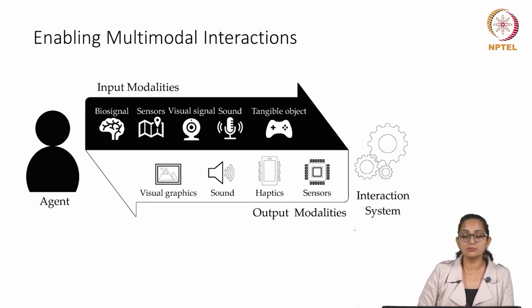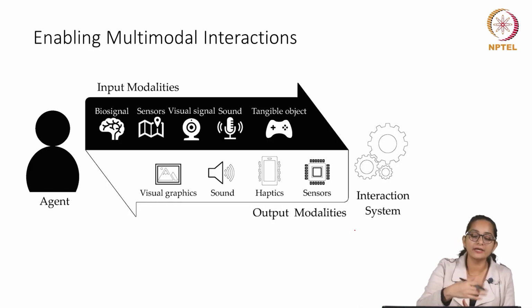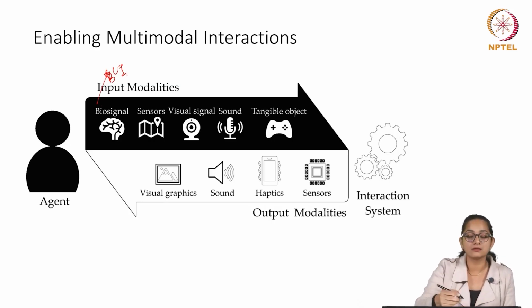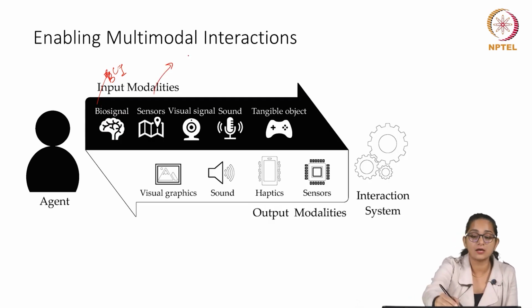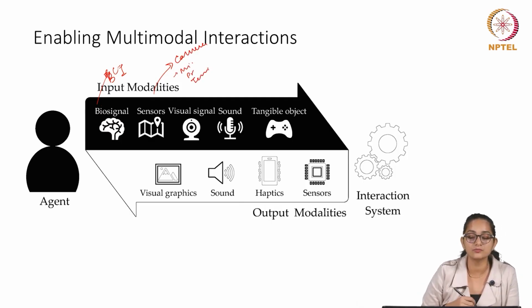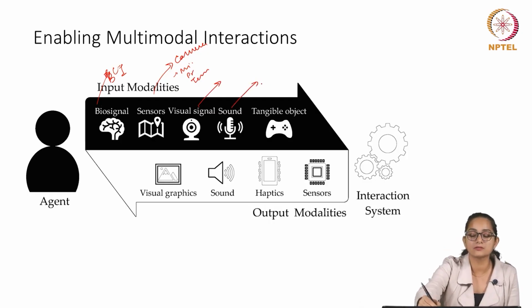Input modalities can be biosignals, for say BCI, brain computer interaction, and sensor based inputs. Camera, all of those count as sensors: camera, mic, pressure sensor, temperature sensor. Visual signal, which is a camera, then sound, which is a mic.